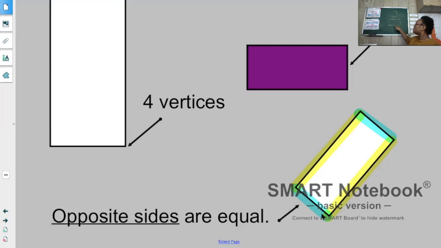But if we take a look at the sides that are opposite here on the screen, it's highlighted in yellow. These 2 sides are the same length. So for a rectangle, opposite sides are equal. For a square, all four sides are equal.